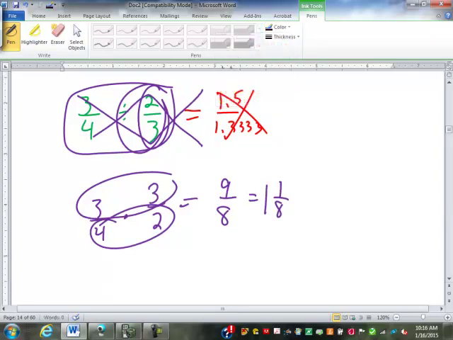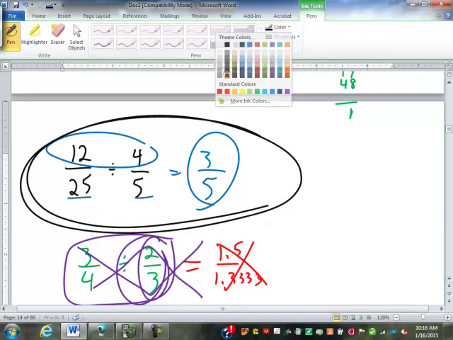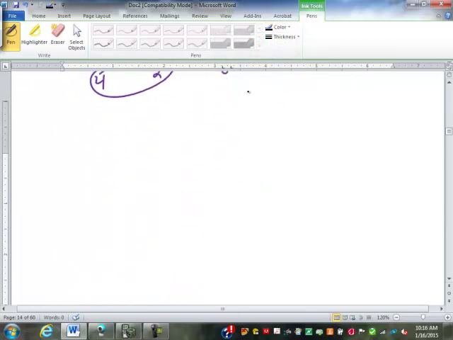Believe it or not, that came from this. And let me show you how. Once upon a time, if we were going to do 3/4 divided by 2/3, what we would have done is this. We would have looked at this and said, we're dividing by 2/3. 2 times 3 is 6.